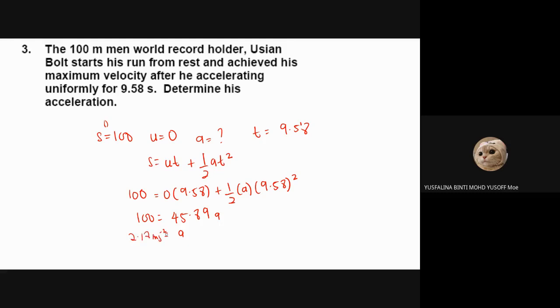Anyone get the same answer as me? Qing Yang, what formula did you use before? Are you using the same formula as me? I thought it was velocity. For which part is velocity? 9.58 is a velocity? You thought 9.58 is a velocity?